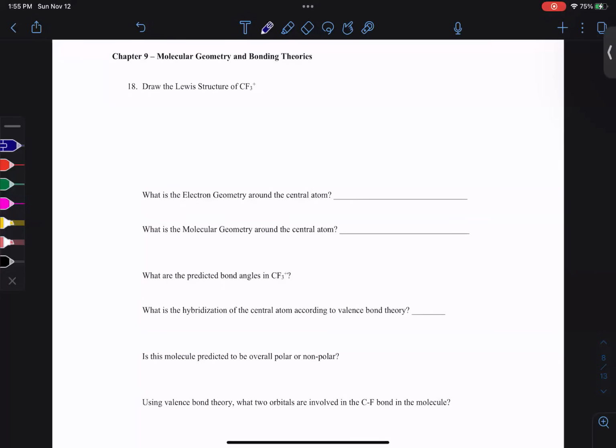Will we ever ask you the lattice energy of a molecule? No, because lattice energy is related to ionic compounds. We always looked at charges and size. Now we are switching gears to molecular compounds, so this is specific to molecular compounds. Same idea: will we ever ask you to draw a Lewis structure of an ionic compound?